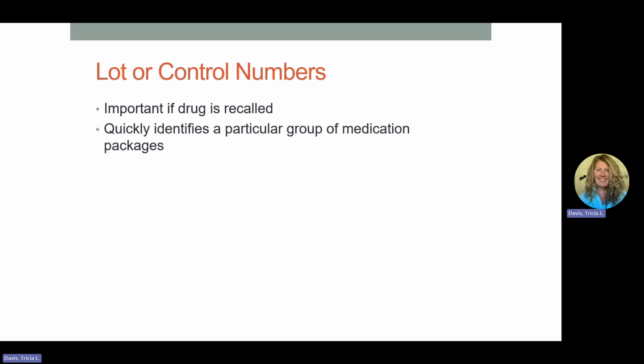So lot numbers or control numbers are going to be very important, especially if a medication is recalled. If there was an issue with a medication and it's recalled, this is going to make it very easy to identify that particular group of medication packages and where they were sent to get in touch with the people where these medications were sent to.